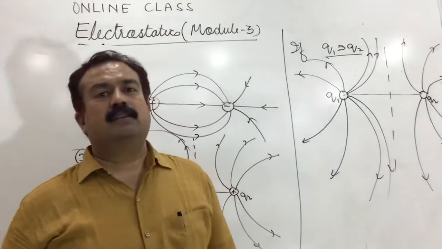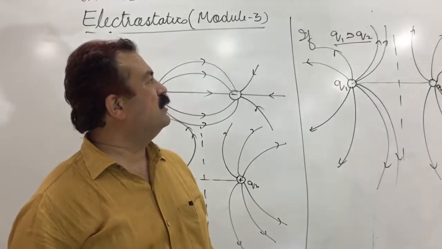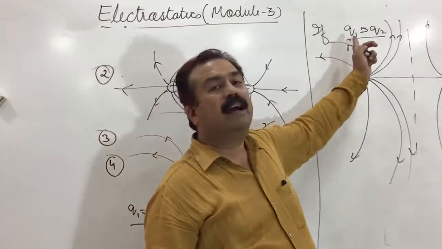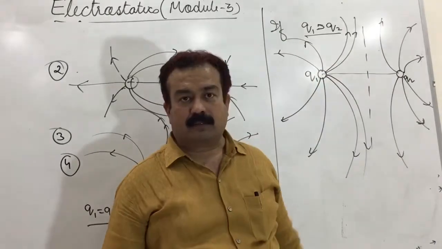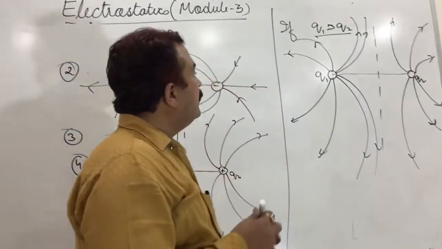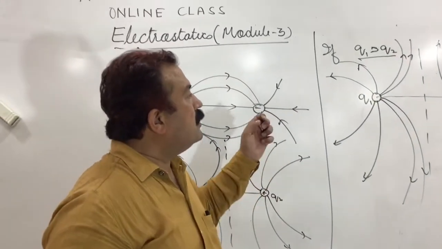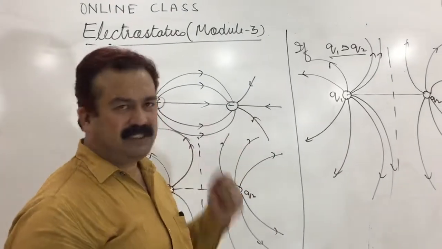This is the sketch of electric lines of force in the case of two like charges, when one has more magnitude than the other. Before the next, what is the explanation of this sketch?